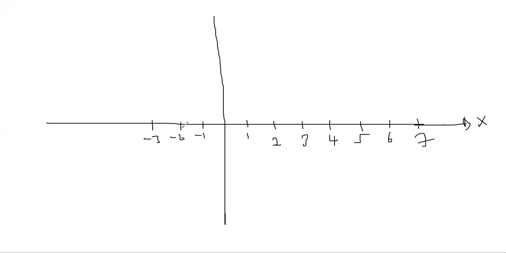For the y-axis, we will use 2, 2. So this will be 2, this will be 4, this will be 6. You can use your units, no one is restricted, but use a unit that will make your work easier.